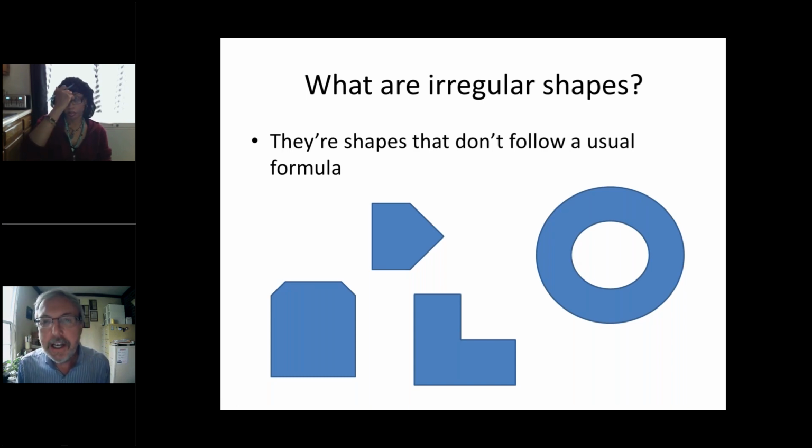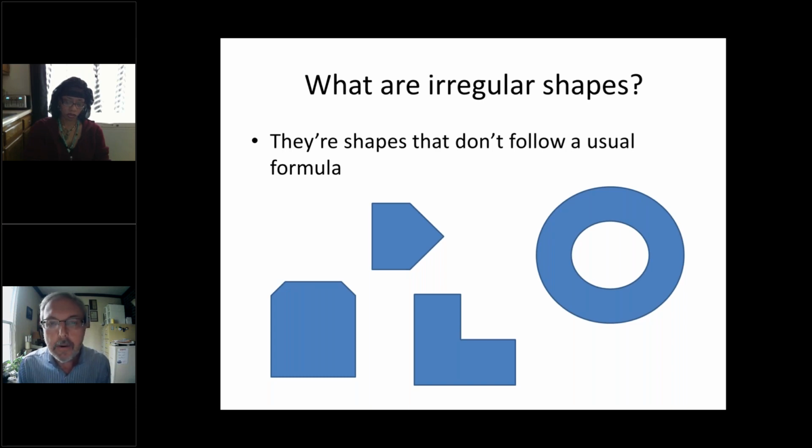So I'll move on to some of the irregular shapes. An irregular shape is really a shape that you don't have a formula for. And these are kind of strange looking shapes. So to do problems that have irregular shapes, what we want to do is turn them into a set of problems that have formulas that we know.